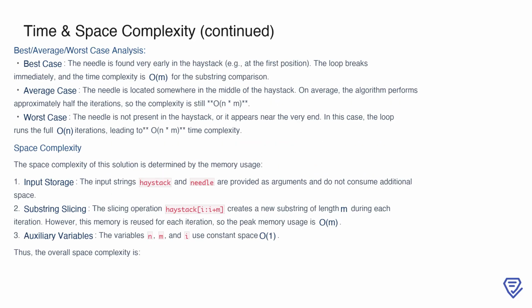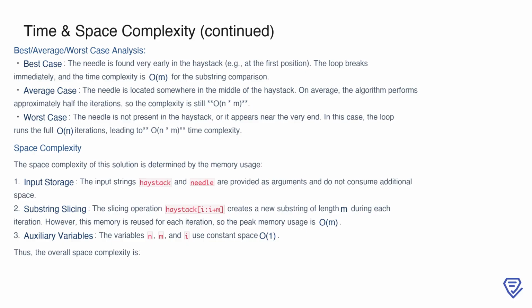Now, let's consider the best, average, and worst case scenarios in more detail. In the best case scenario, the needle is found very early in the haystack, possibly even at the very first position. In this case, the loop terminates after just one iteration, and the time complexity reduces to O(m) for the substring comparison. In the average case, the needle is likely found somewhere in the middle of the haystack.